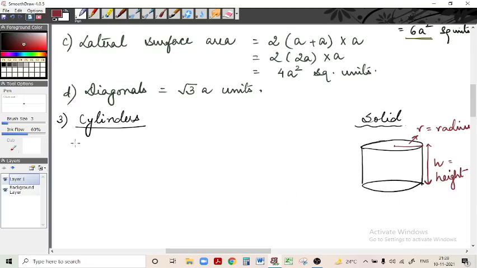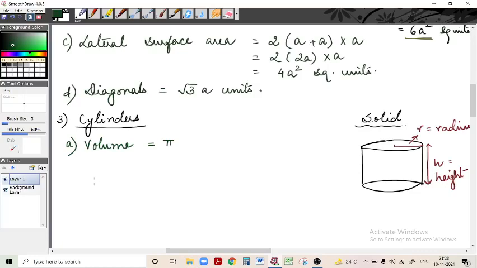Now come for the first, that is volume. Volume is equal to pi. Pi is a fixed value, that is 22 by 7 or 3.14, right?